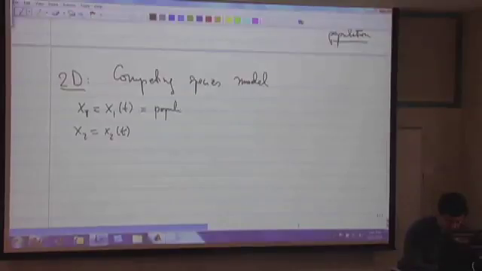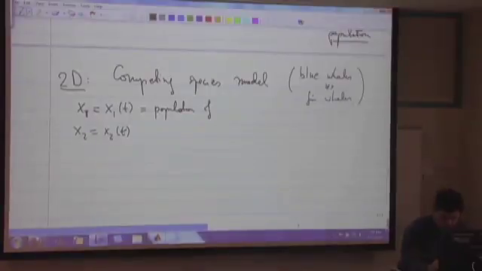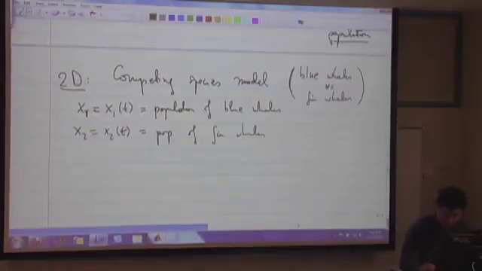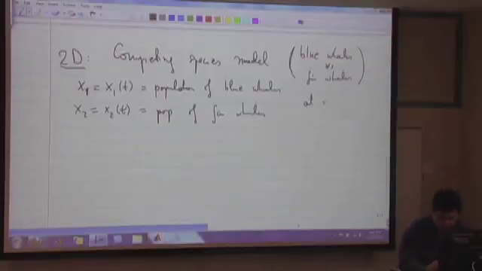So this is the population of species 1. I'm going to use blue whales versus fin whales. So let's say the population of blue whales is x1, and the population of fin whales is x2 at a given time t.